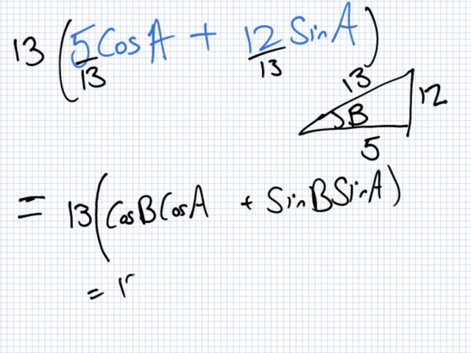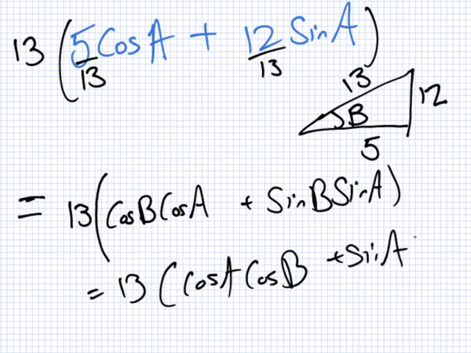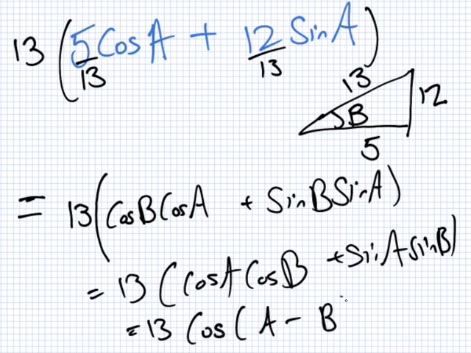And this is equal to 13 (cos A cos B plus sin A sin B), which is equal to 13 cos(A minus B). Now we still have to work out what B is. Can someone hit in tan inverse 12 over 5? Does it look like I'm using degrees or radians? Degrees. What's that, 53 or something? Tan inverse 12 over 5, please?